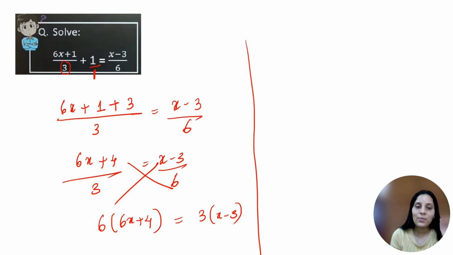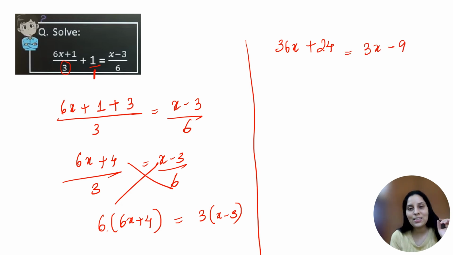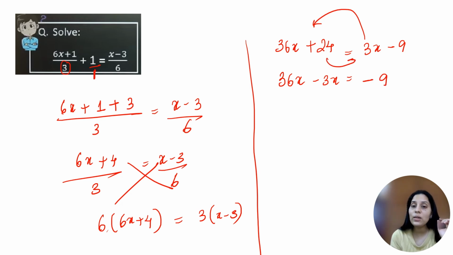Now multiply. 6 into 6x is 36x plus 6 into 4 is 24 equal to 3x minus 3 into 3 is 9. Now 36x, when I transfer 3x, it becomes minus 3x, minus 9, and now plus 24 I'll transfer minus 24. So this becomes 33x is equal to minus 33.